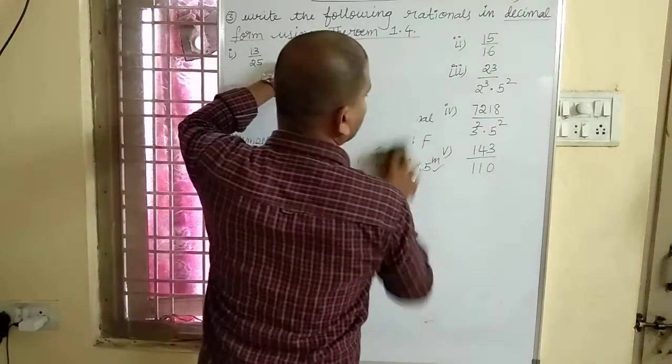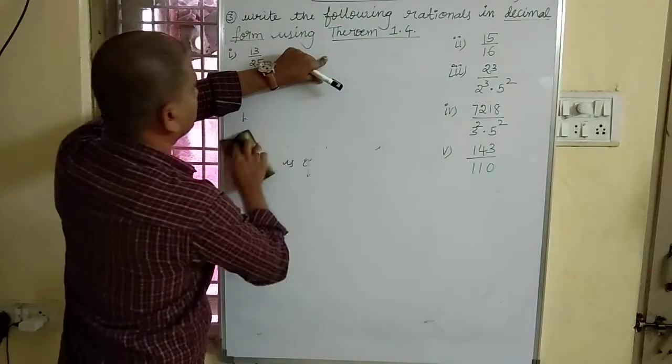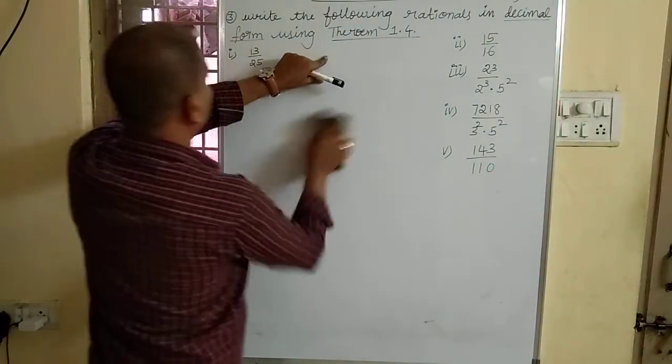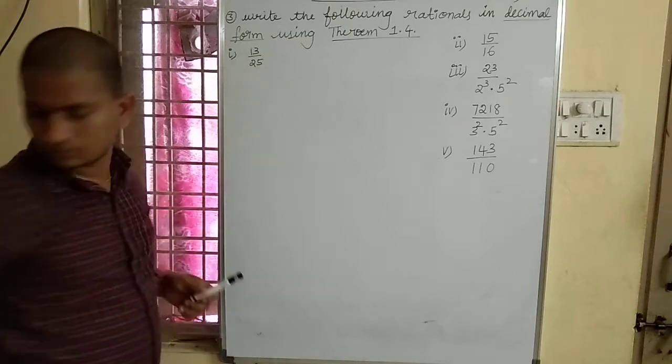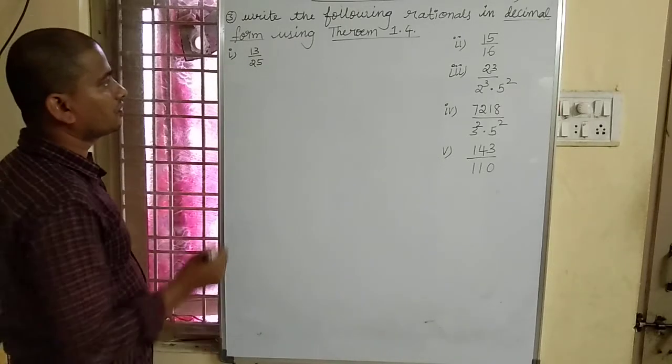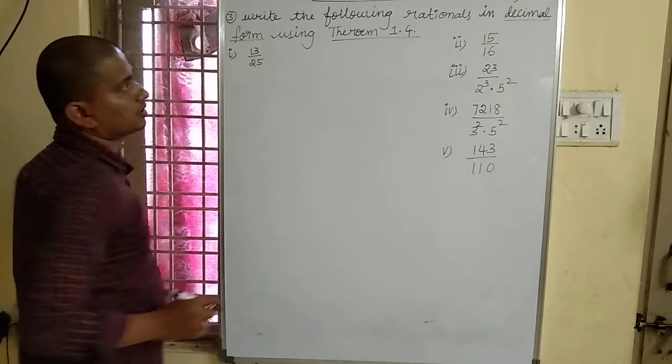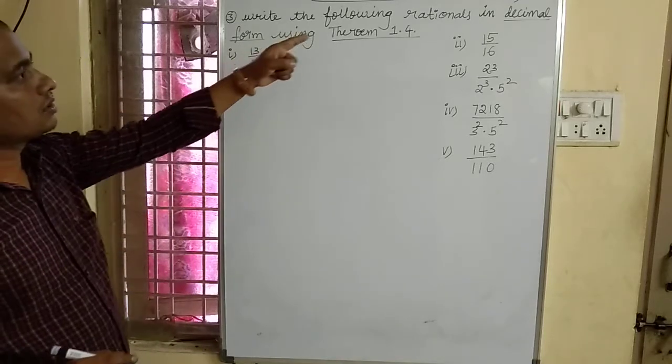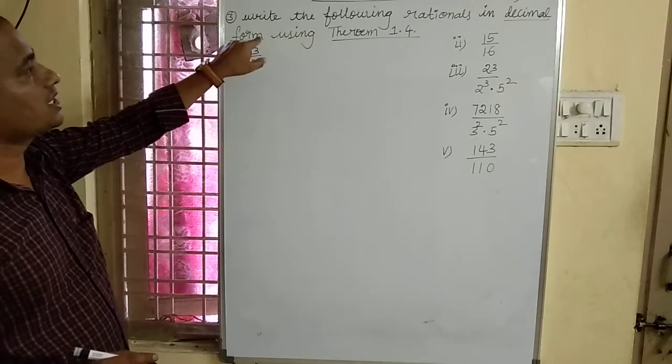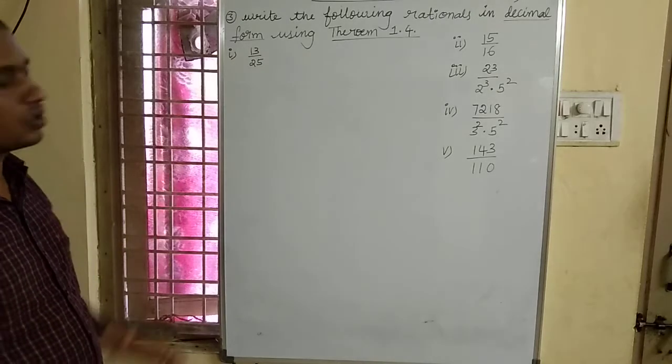So our first question is 13 by 25. We have to express the following rational numbers in decimal form. So what do we do?